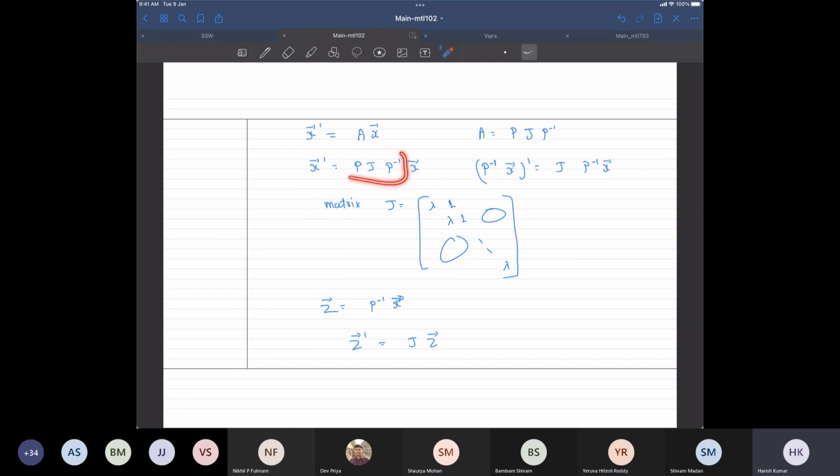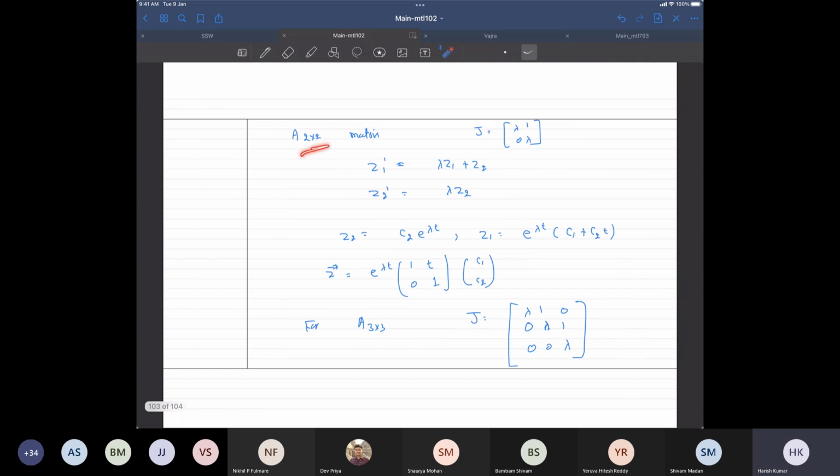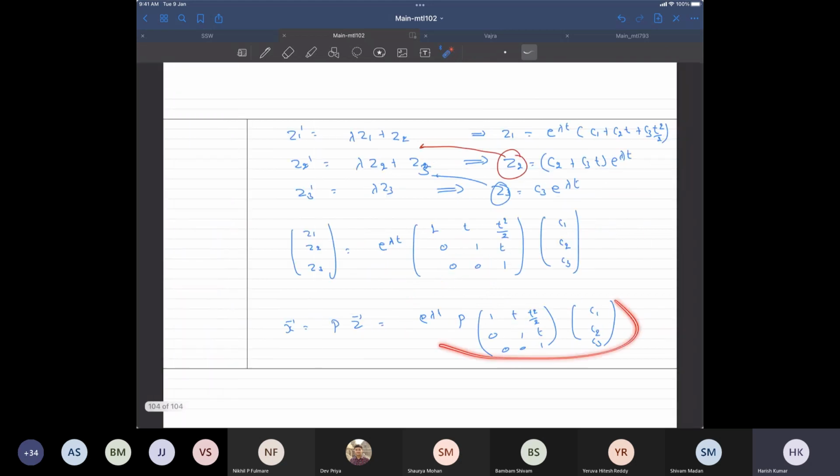This is the Jordan canonical form where J, if it has only one eigenvalue, looks like this. In that case, for 2 cross 2 blocks, the solution looks like this. For 3 cross 3 blocks, the solution looks like this.